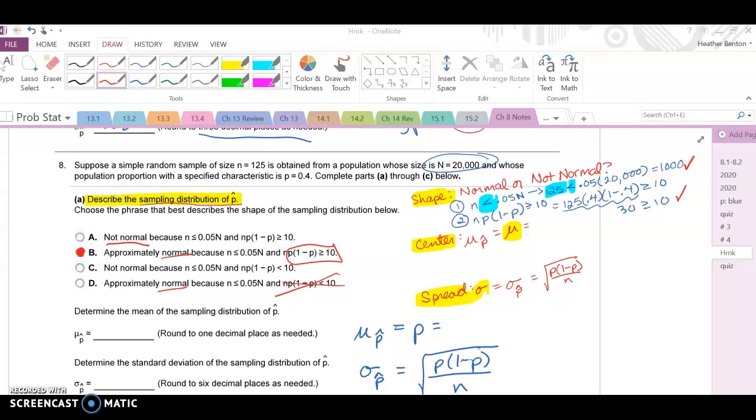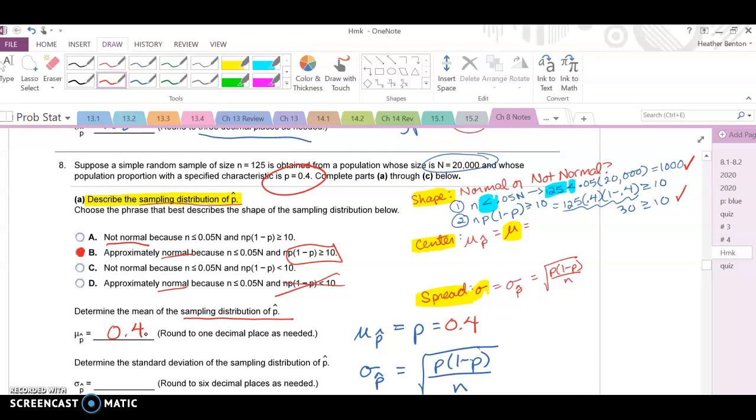Okay, the second thing they want us to check is the mean and the standard deviation. We have to adjust these since we're talking about a sampling distribution of p hat, right? So our mu of p hat is the same thing it is for p, which is 0.4.